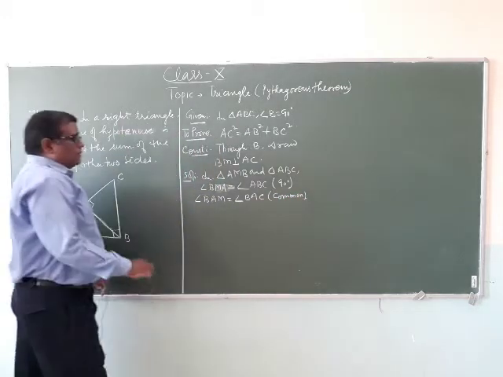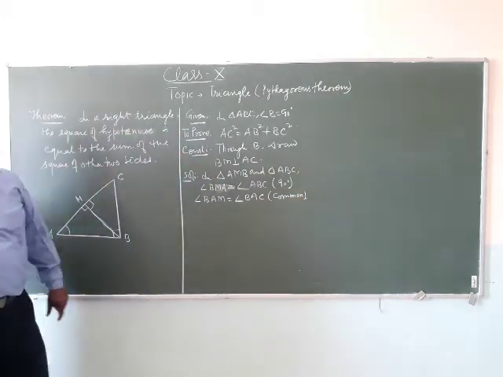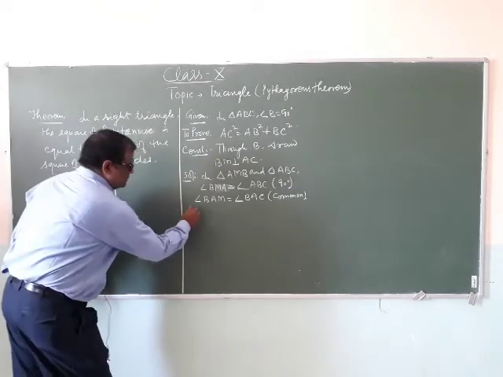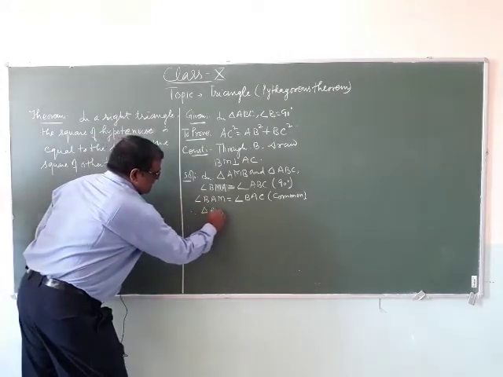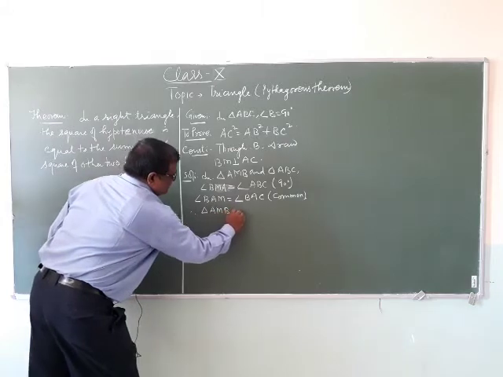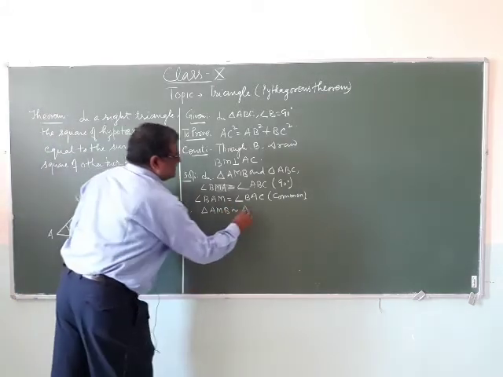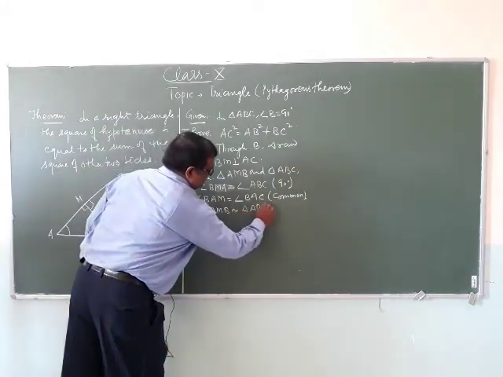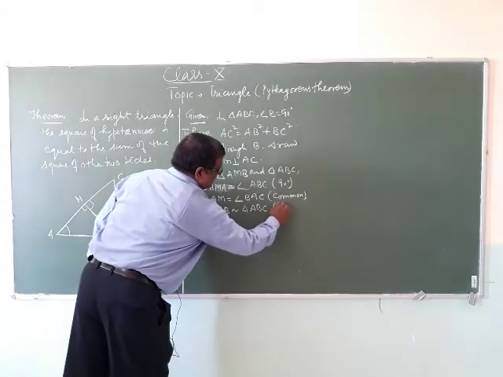Now if two angles are equal, then the triangles are similar. Therefore triangle AMB is similar to triangle ABC by angle similarity.